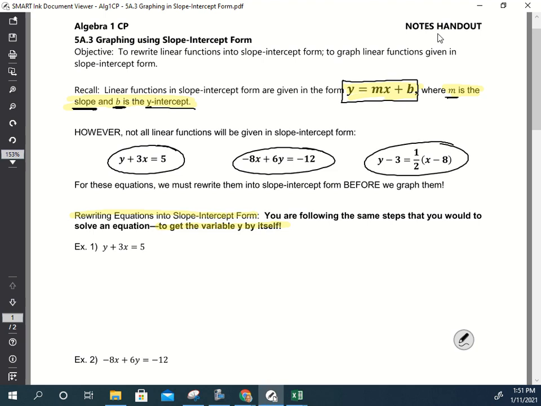And that function does not have y by itself. So we need to get y by itself. We need to rewrite them into slope-intercept form before we graph.